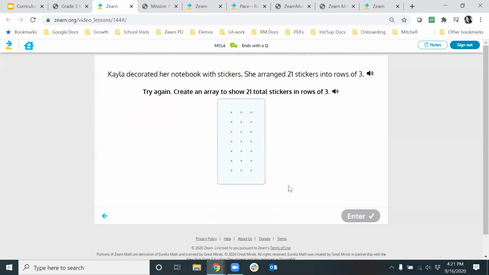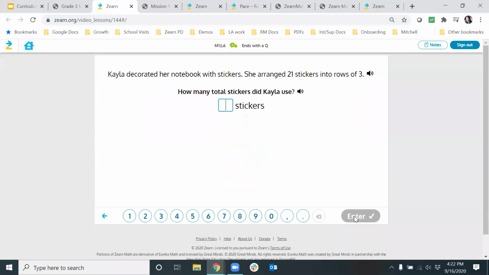And then I have a chance to rebuild this array, this time with a much more focused area to create my rows of stickers, giving me only the amount of dots that I need to fill in all 7 rows of 3 stickers. So I'll go ahead and fill in my array. And then I have one more chance to process that I use all 21 stickers when working with this array.